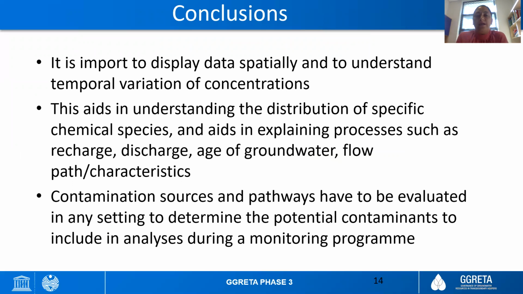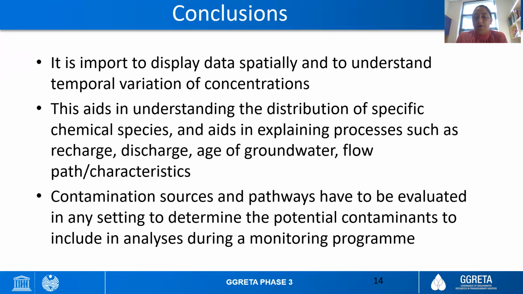In conclusion, it's important to display data spatially and to understand the temporal variations in your concentrations. This aids in understanding the distribution of specific chemical species, and also it aids you in explaining processes like recharge, for example, discharge. You can also gauge the age of groundwater by looking at isotopes at various locations, and also the flow path or flow characteristics.